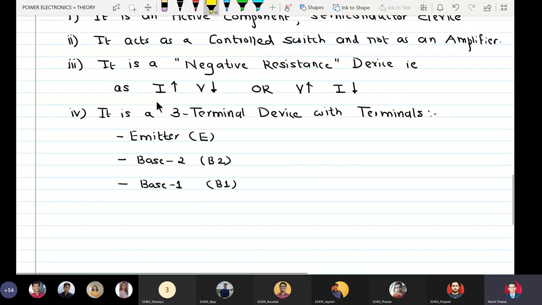So it's a 3-terminal device: emitter, base 2 denoted as B2 and base 1 denoted as B1.